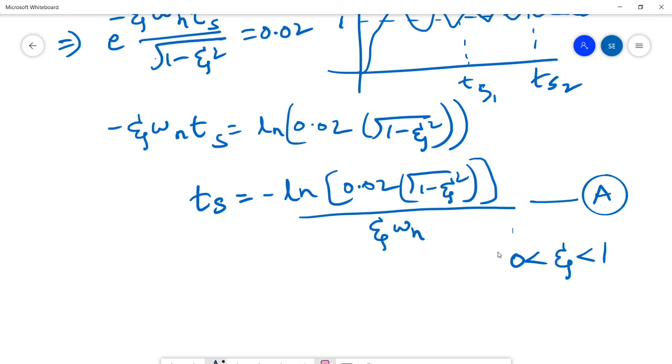So you substitute some random values between 0 and 1, or initially start with 0.1 and go till 0.9.